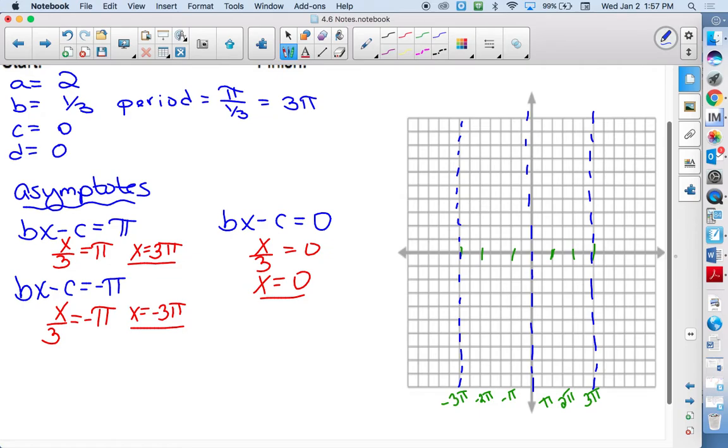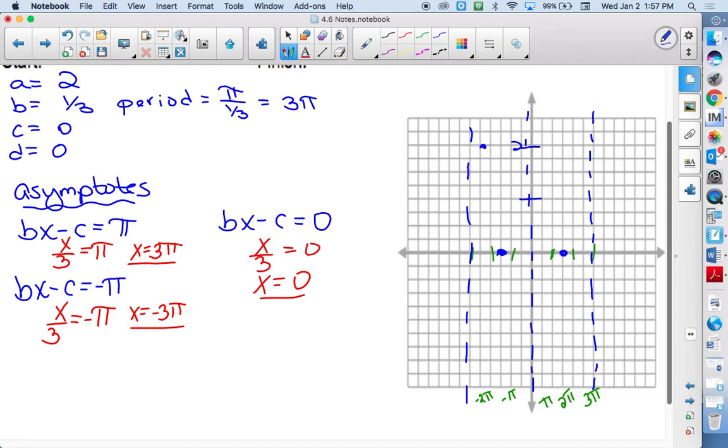So directly in the middle is your intercept. So go to the middle, graph your intercept. And then you're going in the middle of your intercept and the asymptote. This is cotangent. So cotangent is a decreasing function. So that means when you go to the middle on the left side, we're going up to 2.